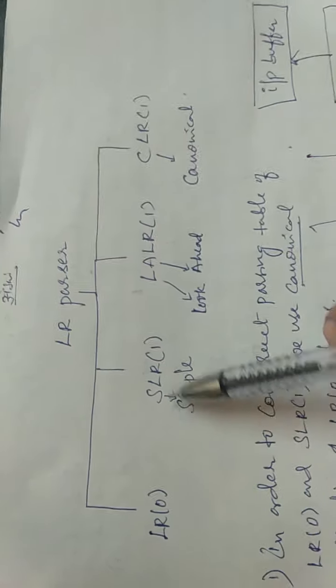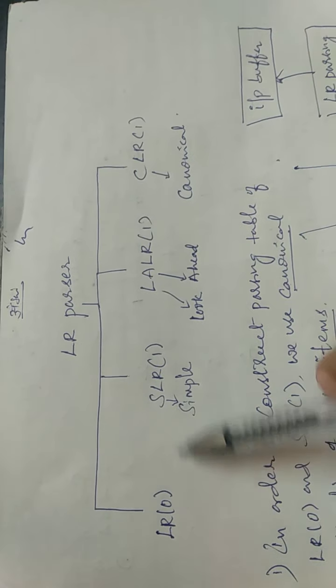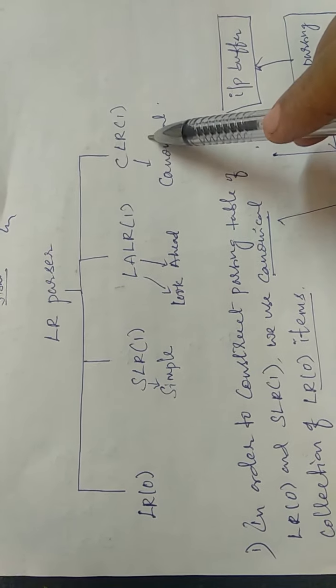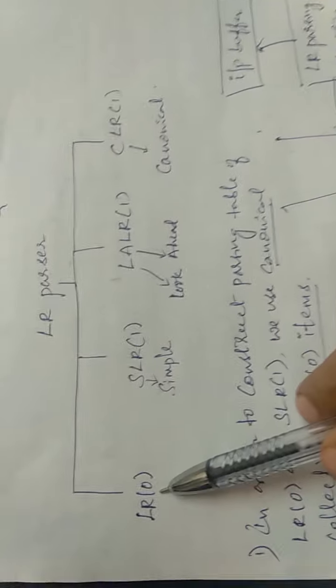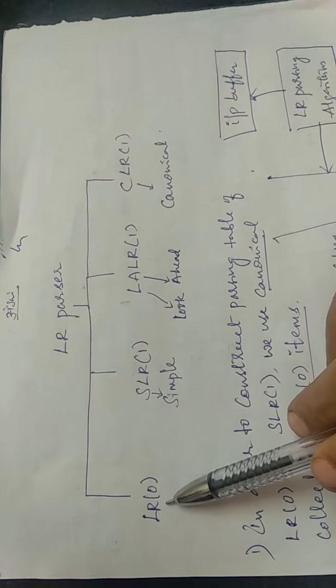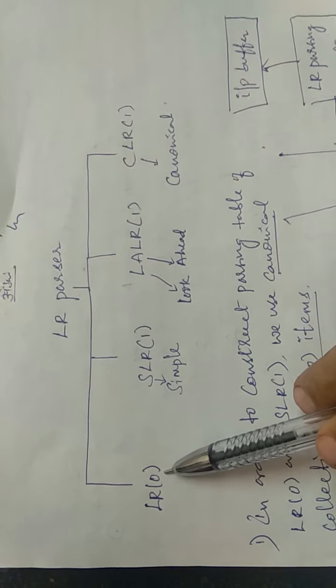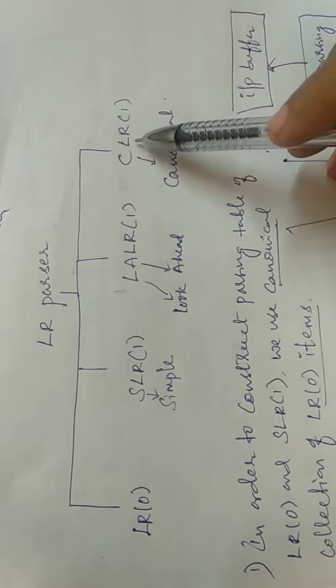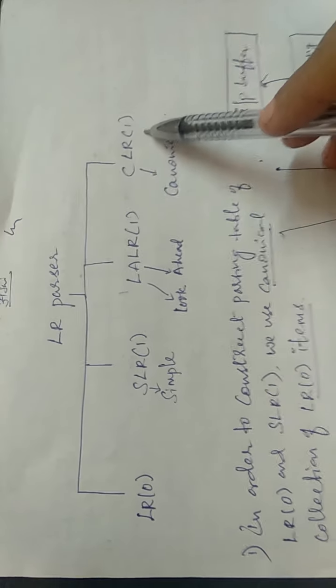So LR parsers are classified into four types: LR0, SLR1, LALR1, and CLR1. These types are written in ascending order, which means LR0 is the least powerful parser, and CLR is the most powerful parser.